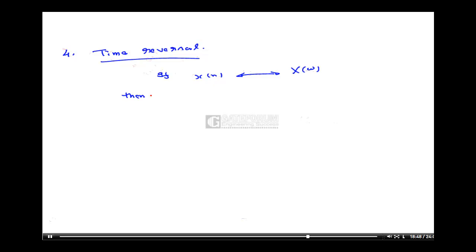Next is time reversal. Reversing an input sequence will result in a reversal in frequency domain also. If x[n] is having Fourier transform as X of omega, then x[minus n] will have Fourier transform of X of minus omega. Okay. Again here the magnitude spectrum is not changing, only phase is changing.